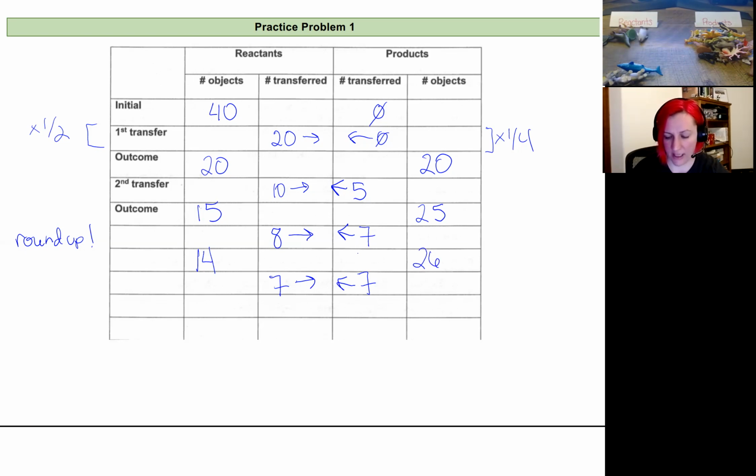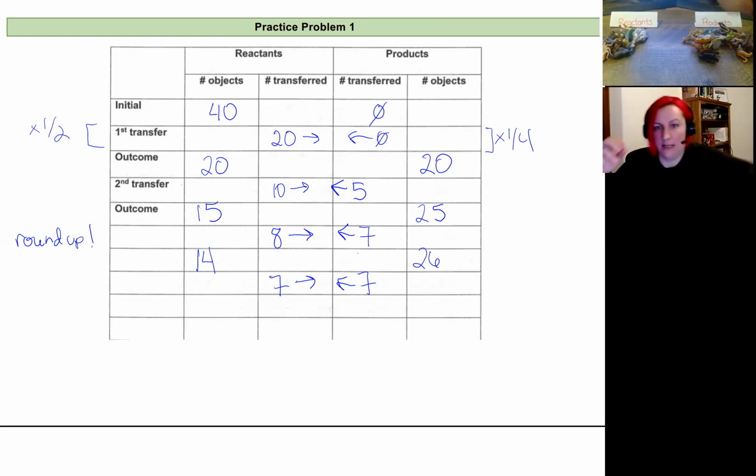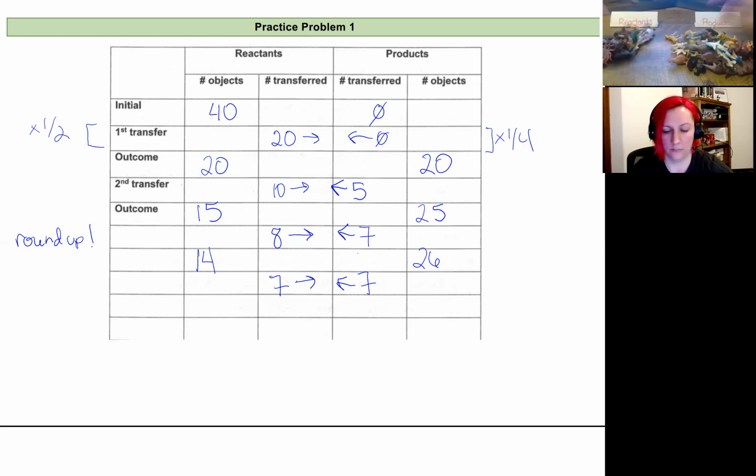I've got 7 reactants and 7 products, and I transfer them at the same time. Okay, and now I count up what I have on each side, and when I do that, I have 14 still, and I have 26 still. And now I can keep doing this, and it'll keep being the same values.